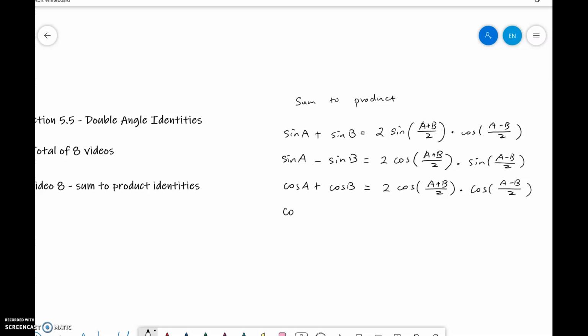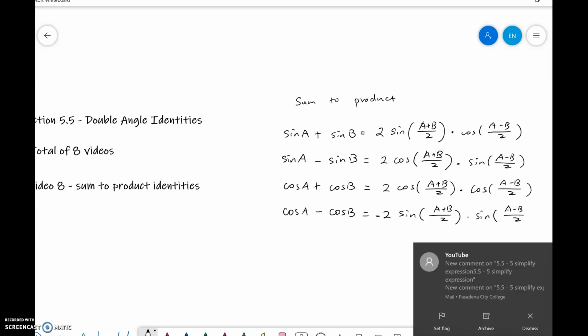And the last one is cosine of A minus cosine of B, which is negative 2 times sine of A plus B over 2 times sine of A minus B over 2.